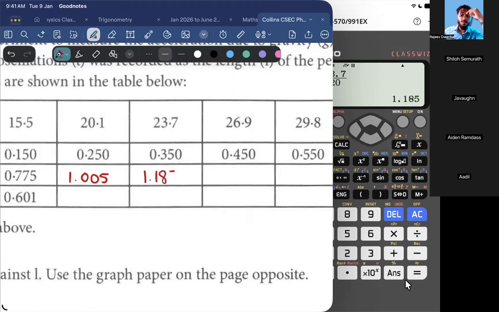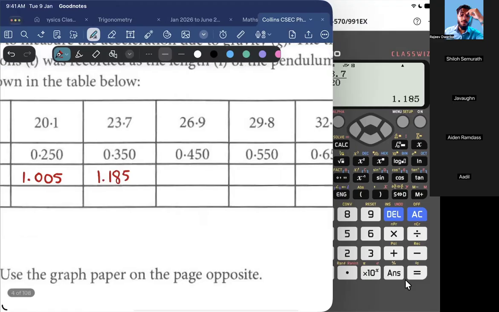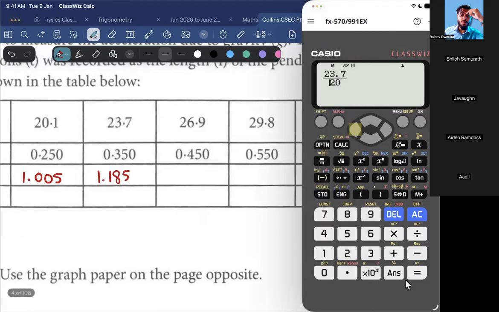You okay with that or not? Yes, sir. Then we had 26.9. Let me just work the others fast. I think we get the idea now. 26.9, 1.345.